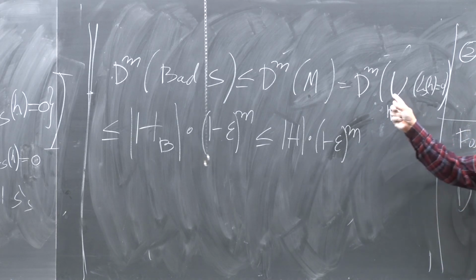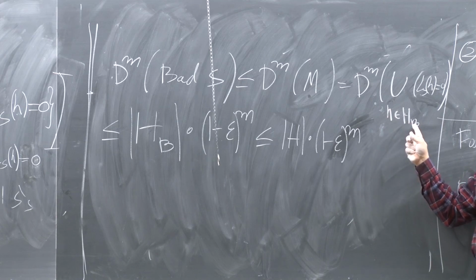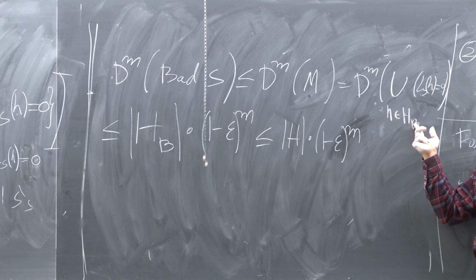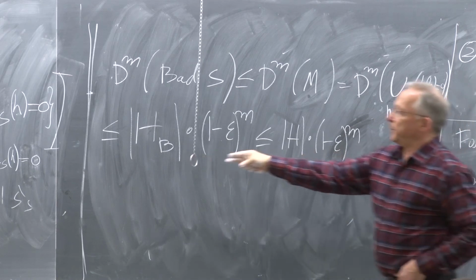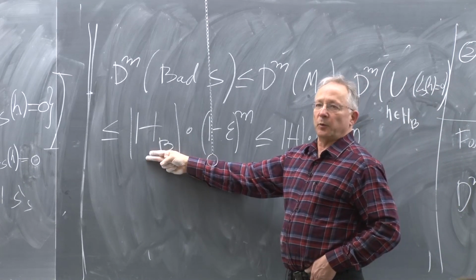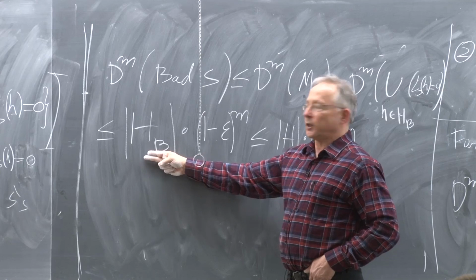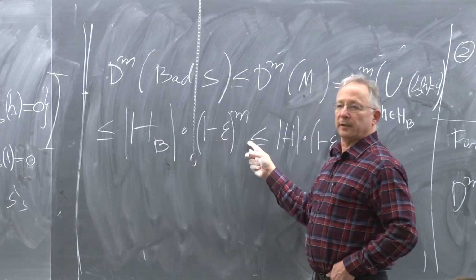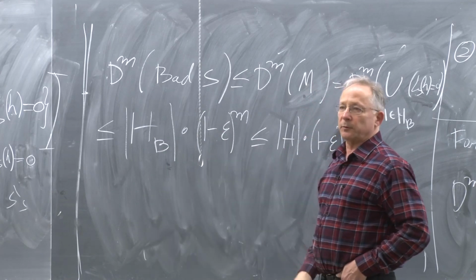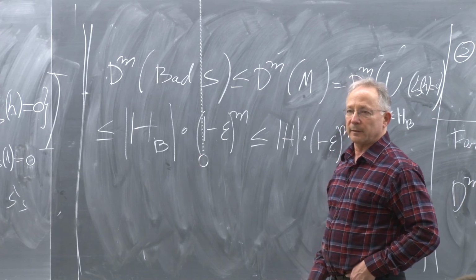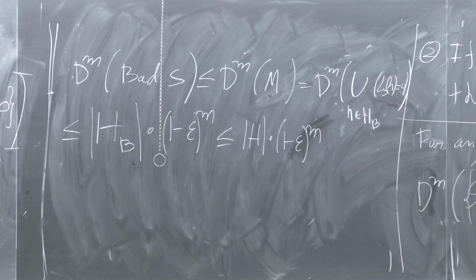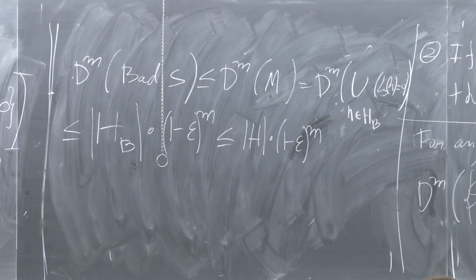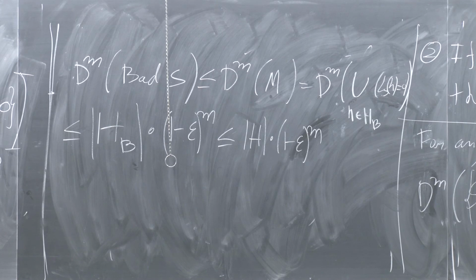So here I had a union over all h's in H_B. I turned the union into a sum of probabilities. So I have |H_B| many elements to add. Each such element has probability at most (1 − ε)^m. So I get this upper bound on the probability of my ERM_H outputting a bad hypothesis.